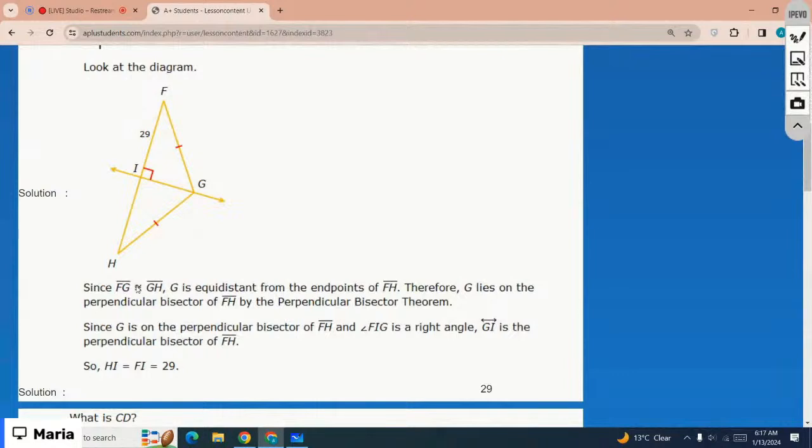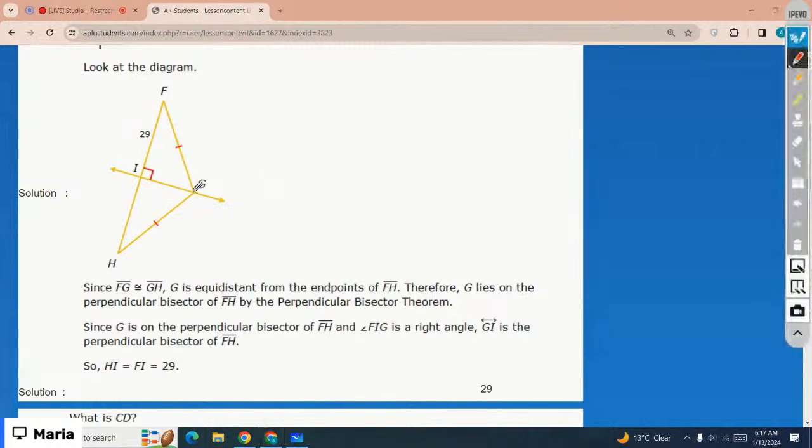G is equidistant from F and H. G is exactly the midway of FH, right? G is the same distance from F and H. Therefore, G lies on the perpendicular bisector of FH by the perpendicular bisector theorem. Basically, G lies on the perpendicular bisector of FH because G is equidistant from F and H, right?